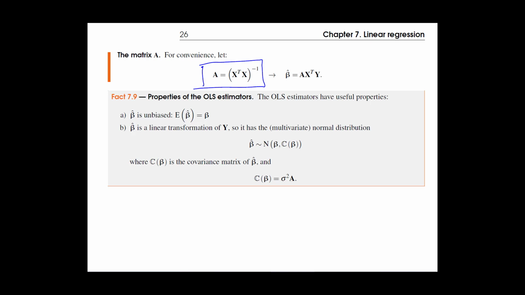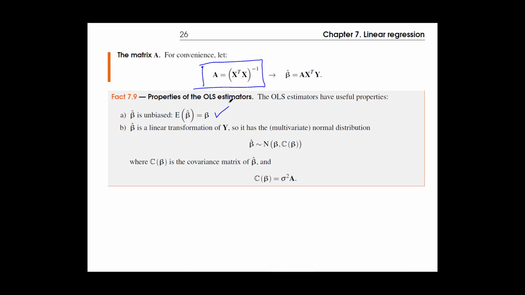So don't worry if you don't remember how to invert a matrix by hand, because we're going to do all of this using calculators or computers. The properties of these estimators are as follows. First, all the beta hats are unbiased.